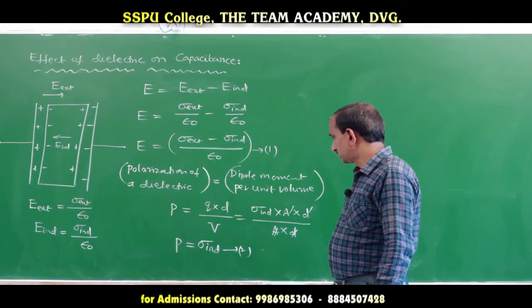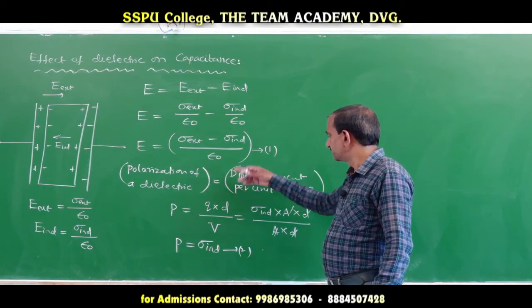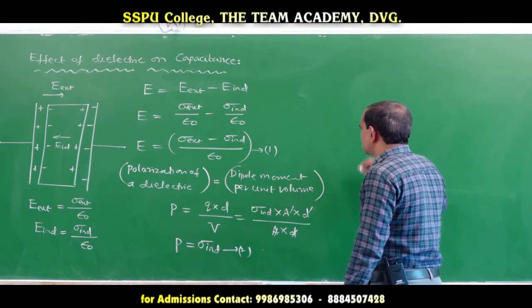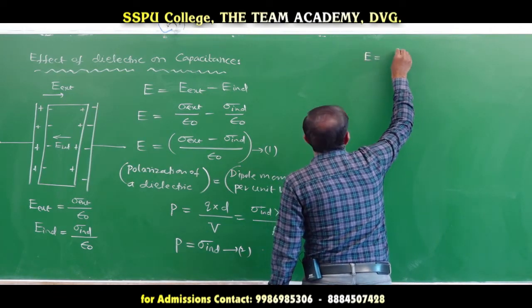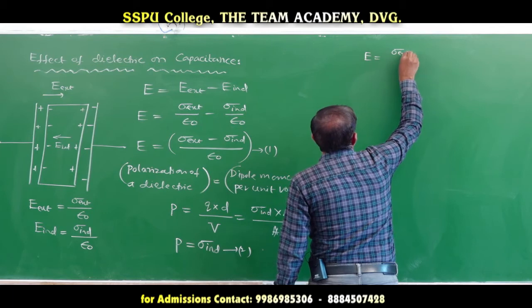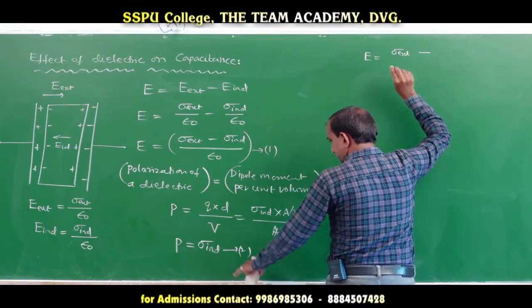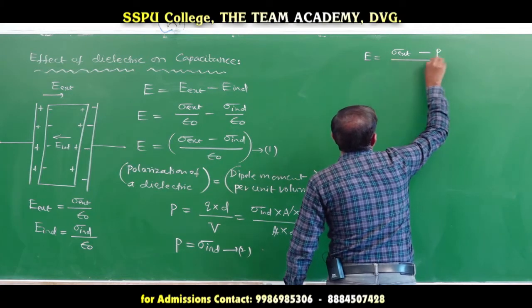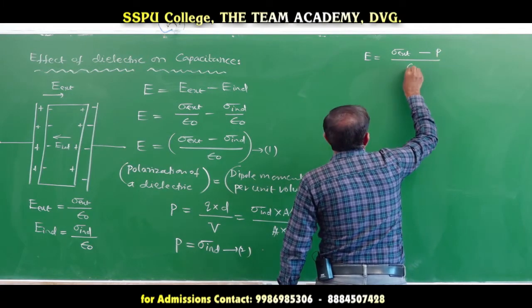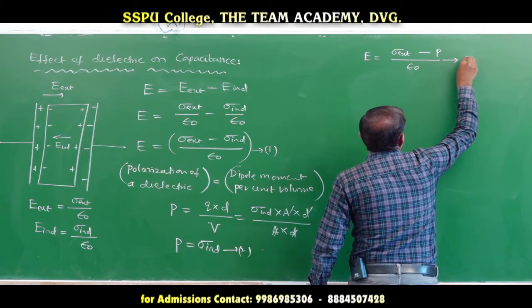Now, substitute this equation 2 in equation 1. Equation 1 can be written as E is equal to sigma external minus P. Sigma induced can be written as P divided by epsilon naught. Call this equation number 3.